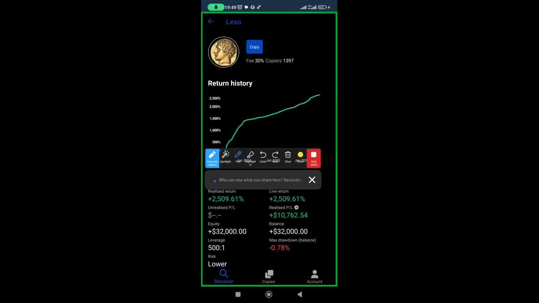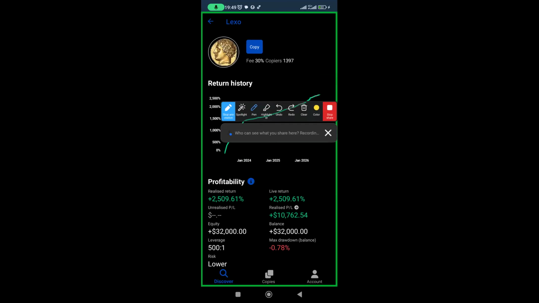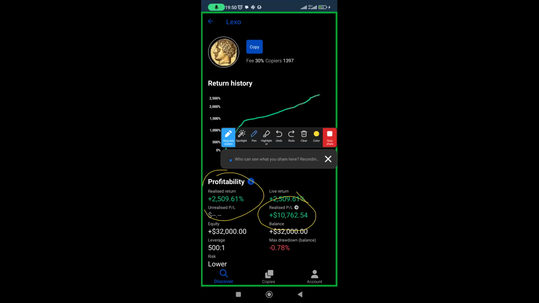This trader has made over 2,500 percent in returns and over $10,000 in profits. So if you had money in 2024 and started copying this guy, by now, I don't know how much you would have made in percentage. But this is basically it.